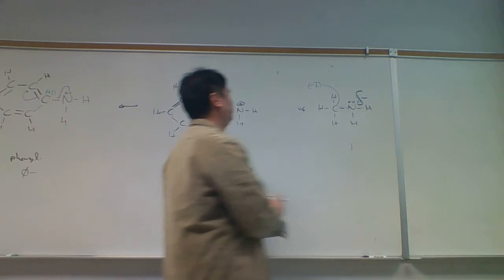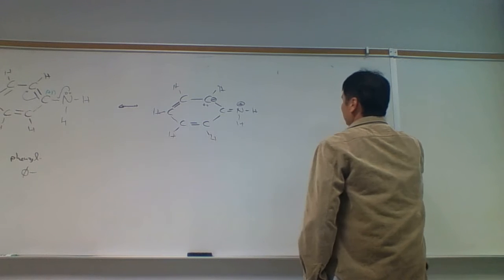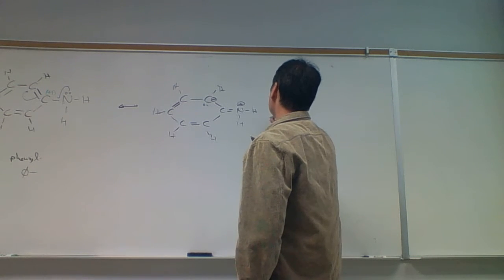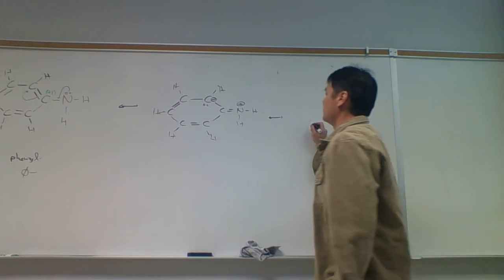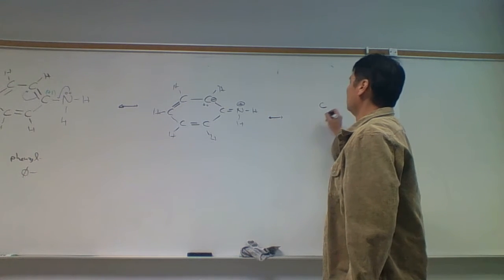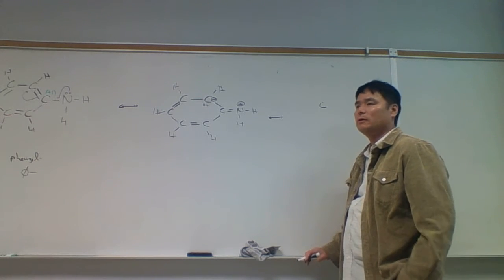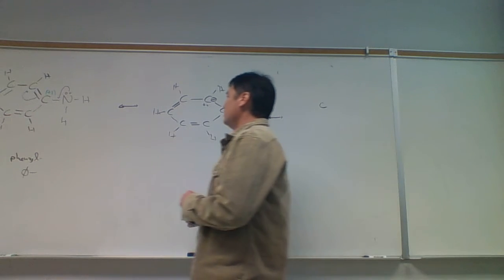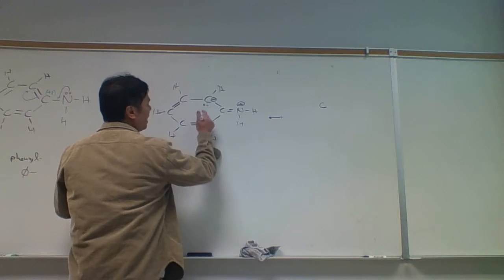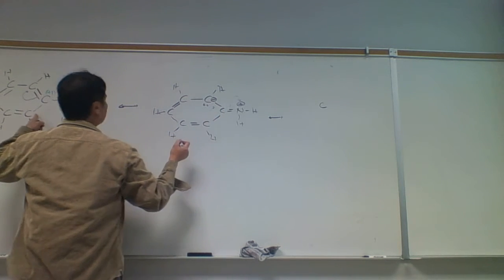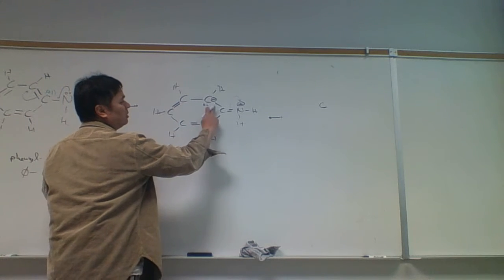But it turns out that we can generate more resonance forms than just this. Can you figure out another resonance form? If we go backwards, here and then here, we end up with this structure, and I don't want to end up at that structure.